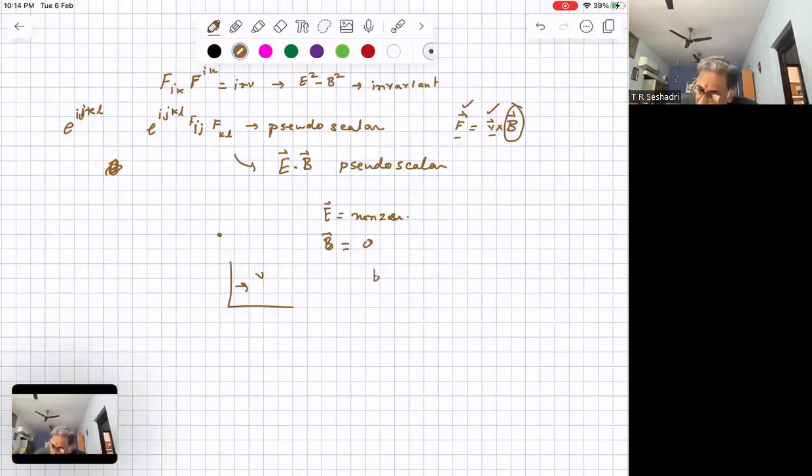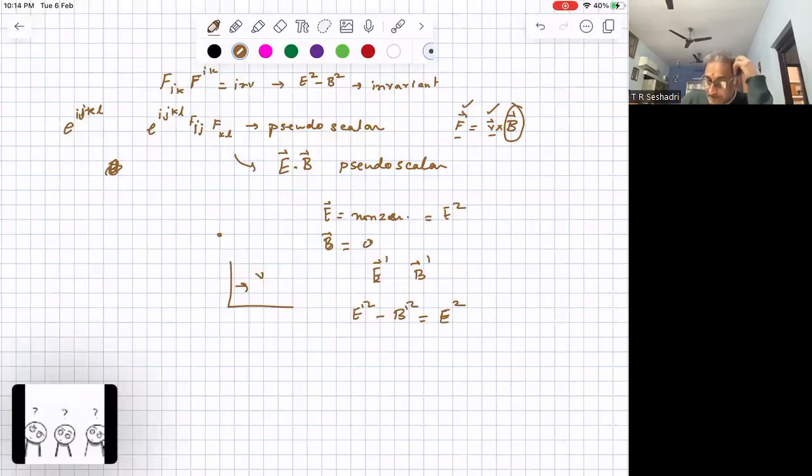This will pick up an E prime at any point and it will become a B prime. But since E dot B is an invariant, then if suppose this is equal to E square, then E prime square minus B prime square will be E square because it's an invariant. You get the point? Okay, it's a very interesting thing.